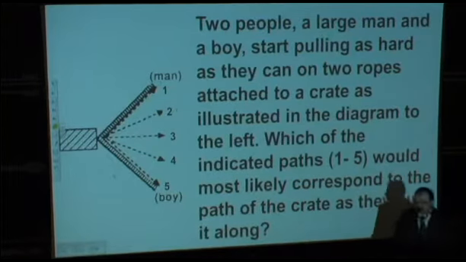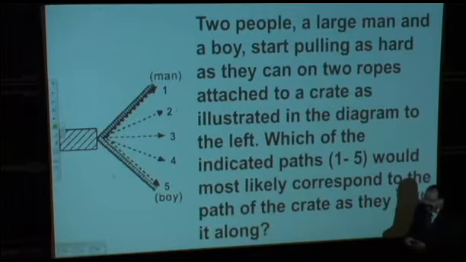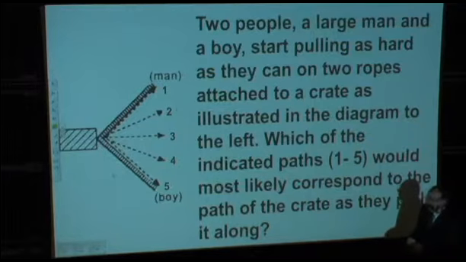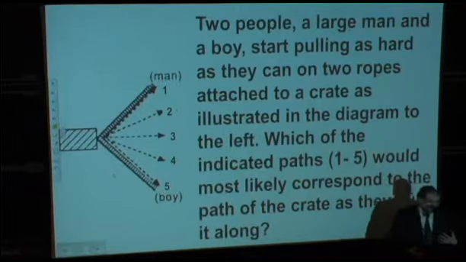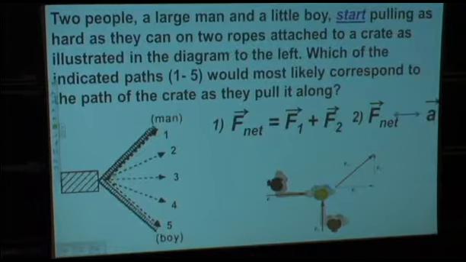Now, this is again a picture from the past. Let's imagine, what does our common sense tell us? Of course, if we had only one person pulling on the rope, in that case you start moving it from rest.